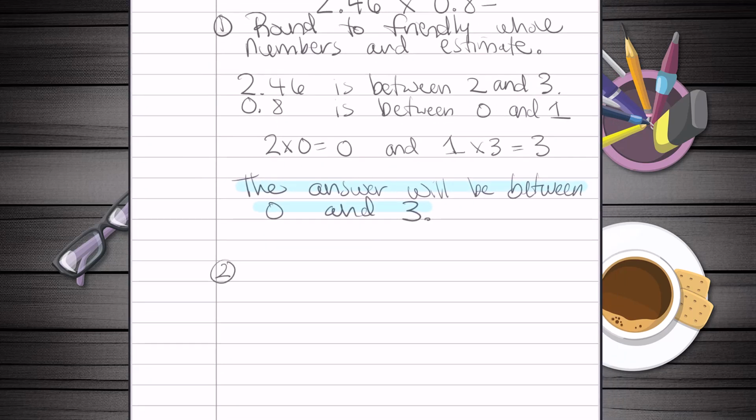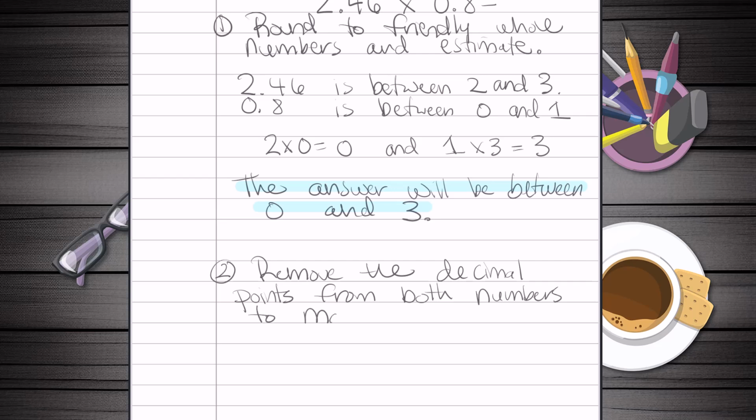Okay, step 2. Now I'm going to remove the decimal points from both numbers. And that's going to give us whole numbers to multiply with. Remove the decimal points from both numbers to make whole numbers.